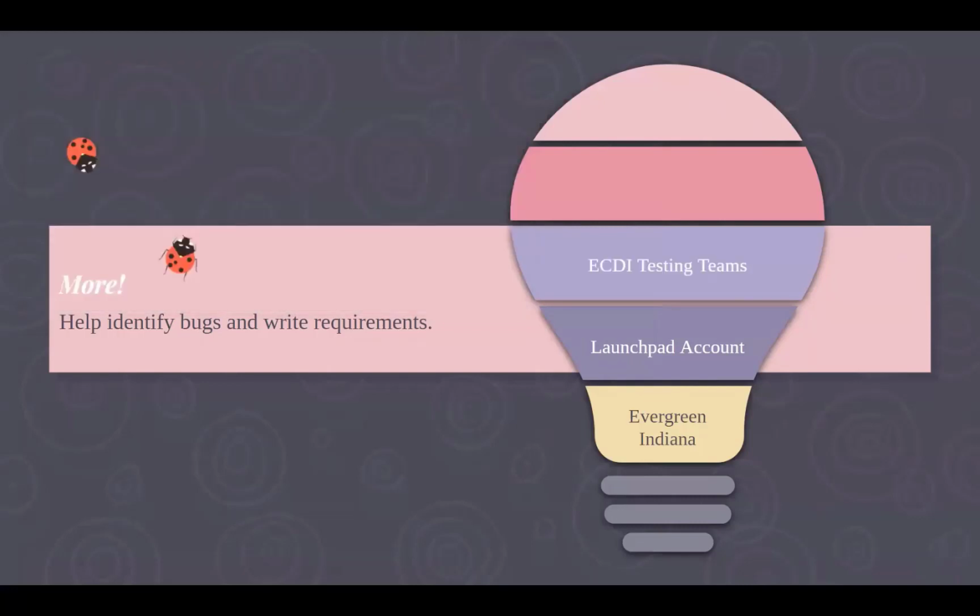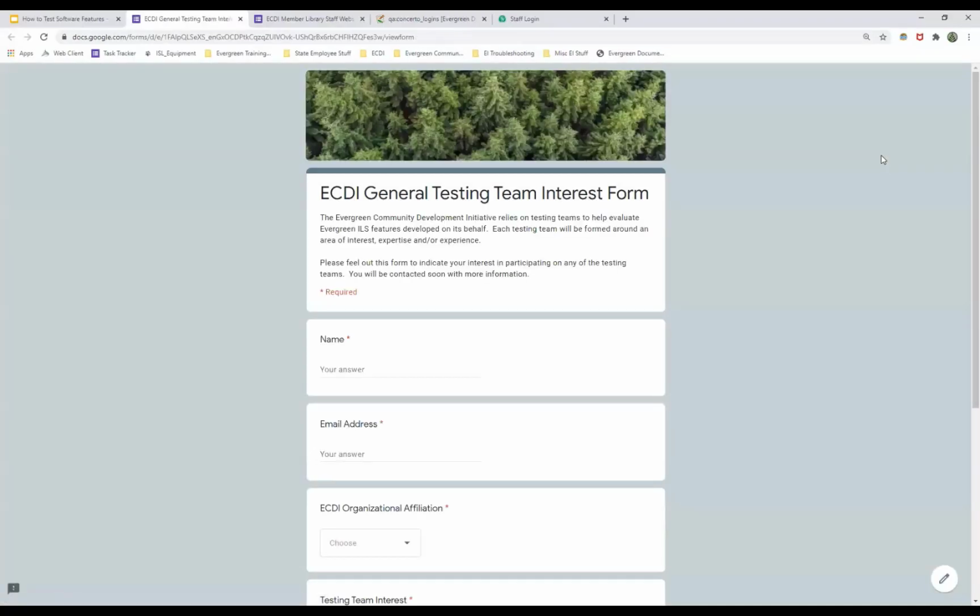The next way that you can participate in testing is to join an ECDI testing team. Depending on what projects we have going on, the ECDI will call on people who have volunteered to test for those projects to actually get in and do that.